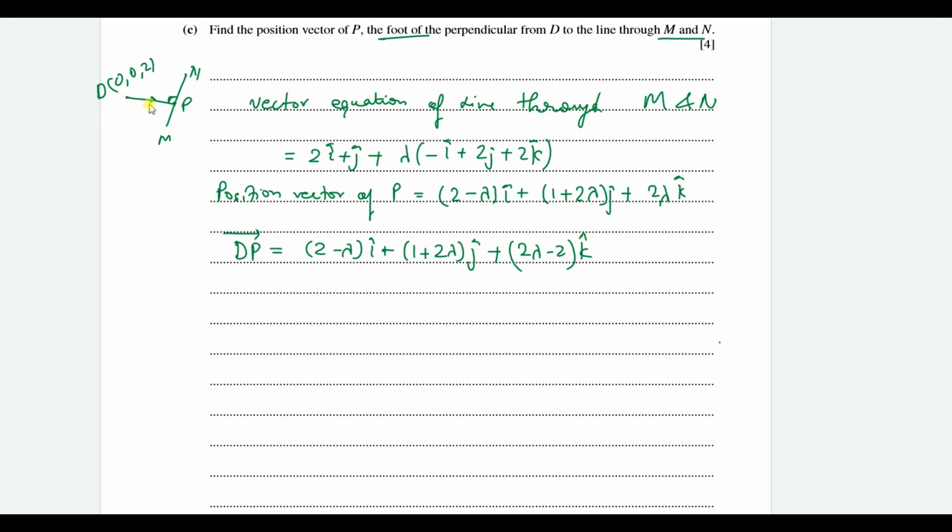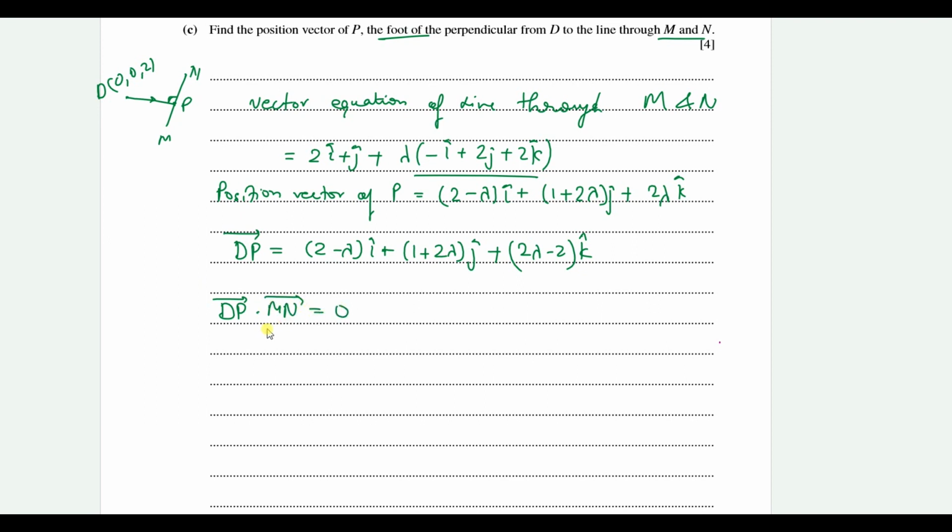This is the vector DP, D to P. Now we have the direction along the line MN, that is this. So if we do the dot product of DP with the direction vector along MN, then that product should be 0.